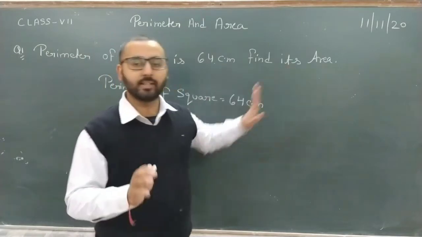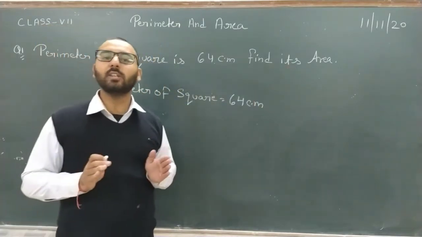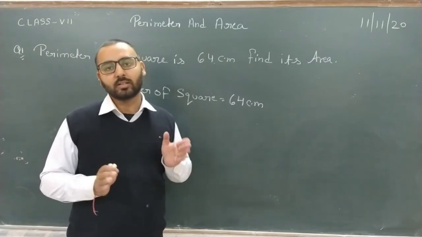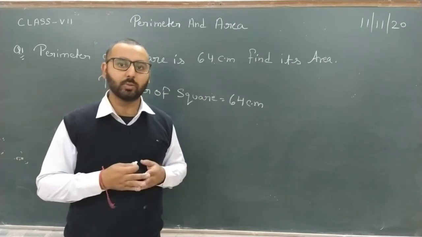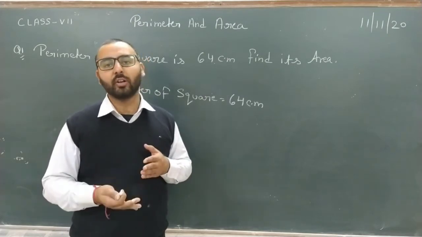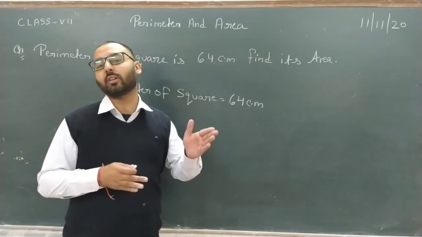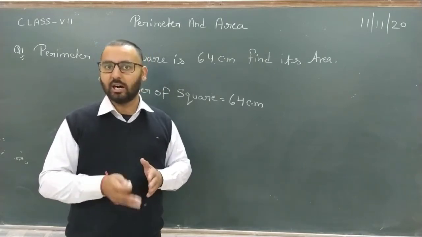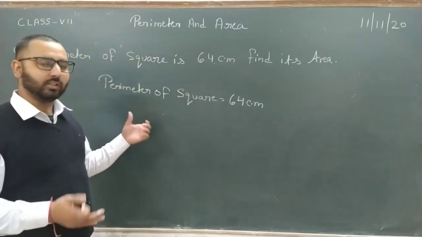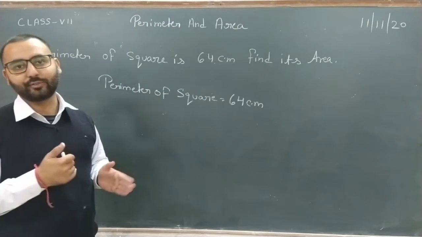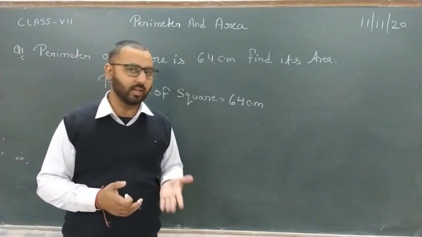We have to find out its area, the area of the square. Now we know the area of a square is side multiplied by side. But the side is not given to us in the question. So for finding the area, first of all I have to find the side. How can I find that? Whatever information is given here, I have to use it to find the side of the square, and then we will find its area.